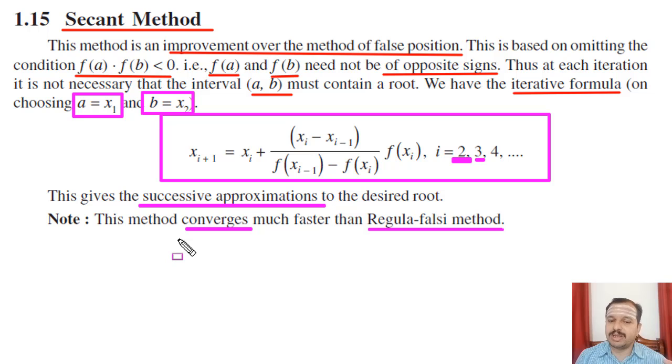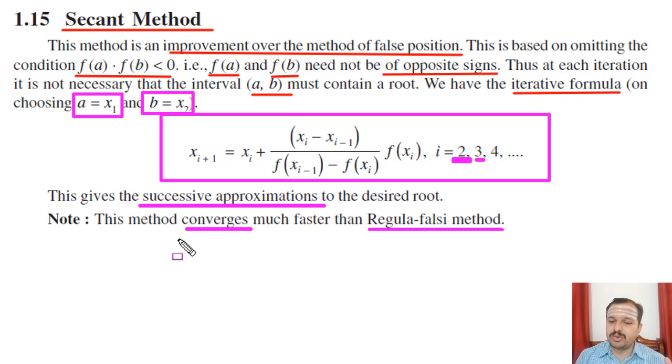So that means the method converges faster. A faster convergent method is one which gives us the solution up to the desired accuracy in a smaller number of iterations.